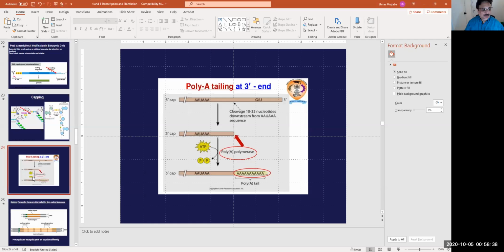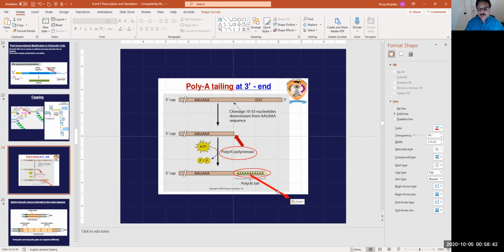Similarly, addition of polyadenine nucleotides occurs at the 3', and this is carried out by an enzyme called poly A polymerase that catalytically adds the poly A tail to the 3' end of the mRNA.